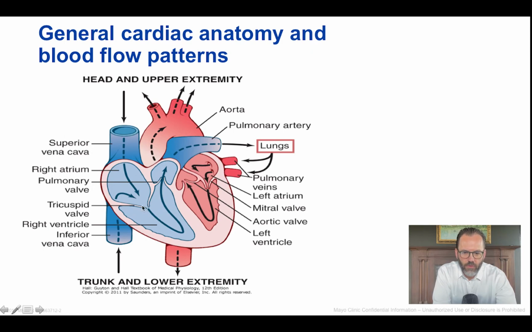So when the right ventricle is filled and starts to eject, the tricuspid valve closes and promotes anterograde blood flow through the pulmonary valve. That subsequently goes into the pulmonary circulation through the pulmonary artery.